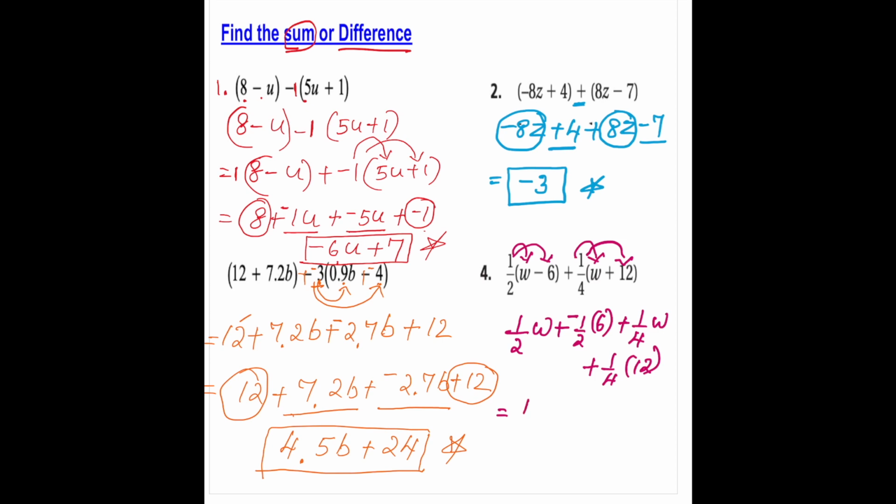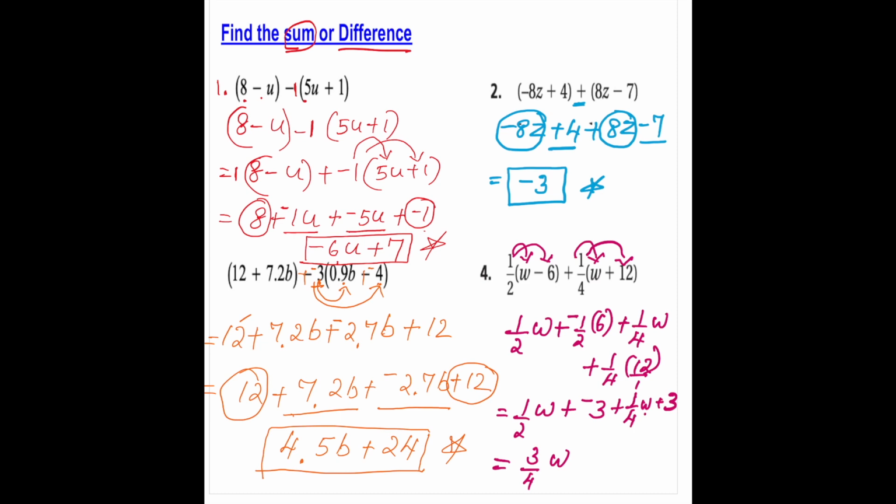Now let's simplify the terms. So it's 1/2 of w plus negative 1/2 of 6, which is negative 3, plus 1/4 of w plus 1/4 of 12, which is 1/4 times 12 over 1, which is 3. Now you can combine the like terms. 1/2 of w plus 1/4 of w is 3/4 of w.